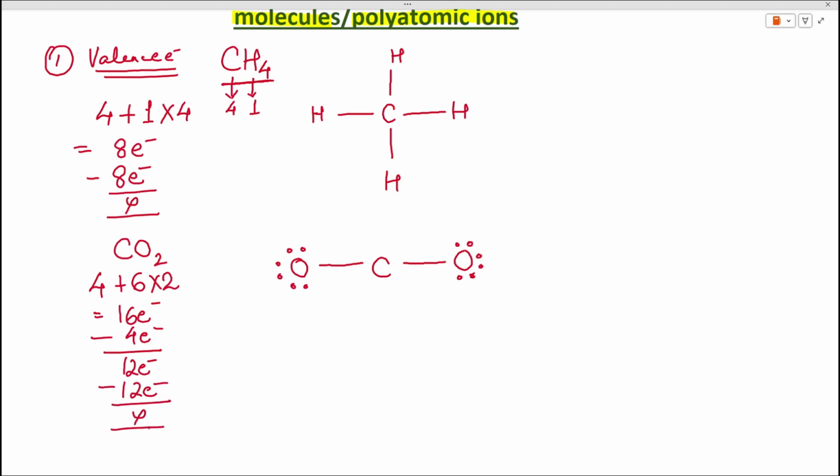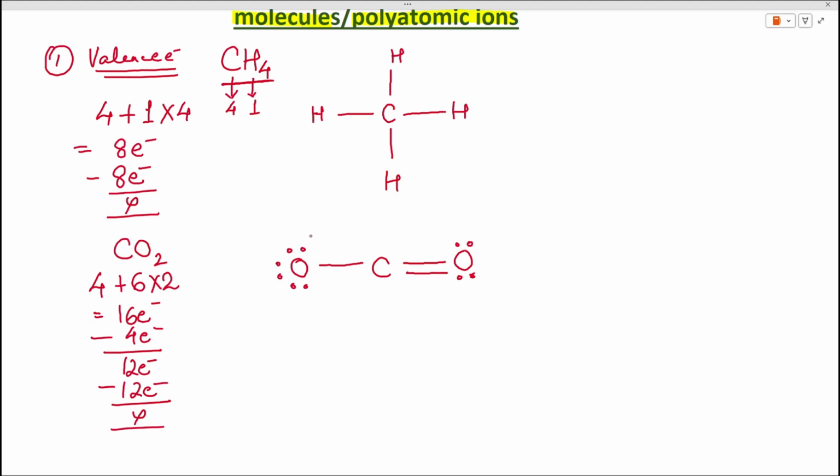So we are not left with anything, which means we cannot give any more electrons to this carbon. This carbon right now has 1, 2, 3, 4 electrons. It is not stable. We need to make it 8. So we are going to remove a lone pair of electrons over here and put it as a bond pair.